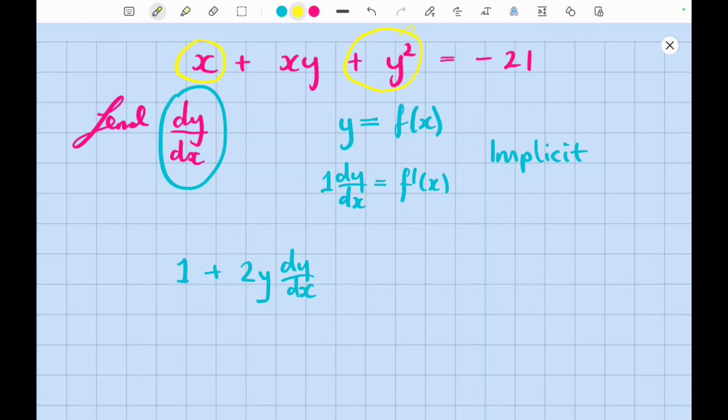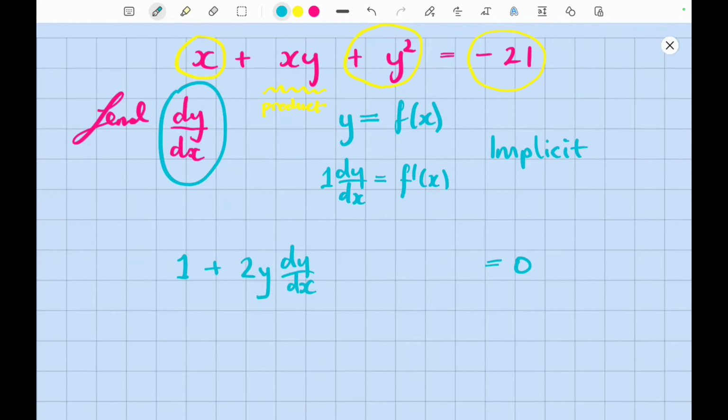Then the term at the end, 21, let's leave a bit of space here. Going to go to 0 because all numbers go to 0. And this is the hardest one to be thinking about, is product rule. So product rule requires us just to use a little bit of our head, or we could do the method in full.